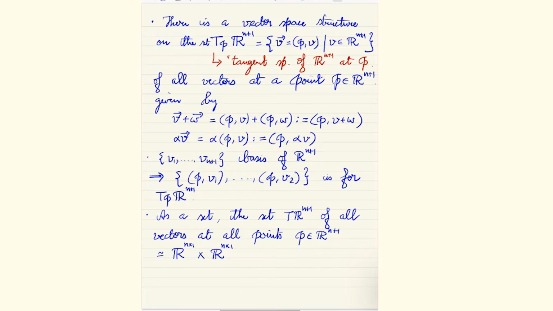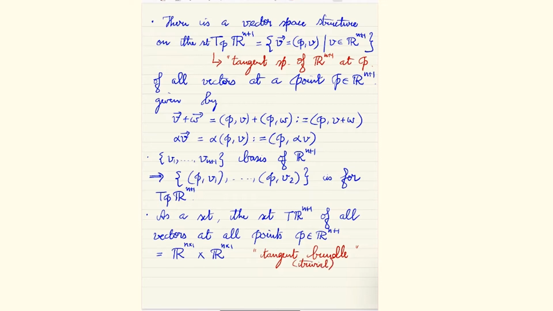Just to give some fancy names here, it's called the tangent bundle. You just put all the tangent spaces together. And in this case, it's the trivial one, so I'll put trivial in brackets, for reasons which we won't go into.